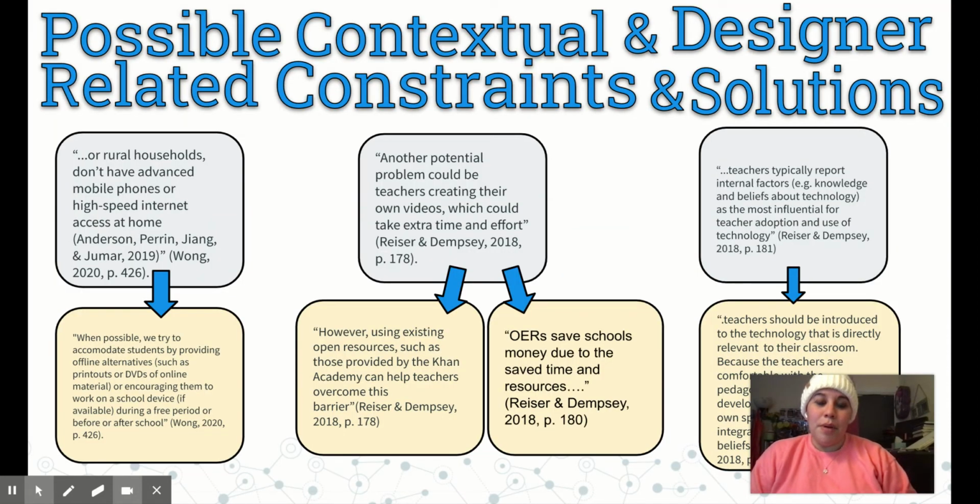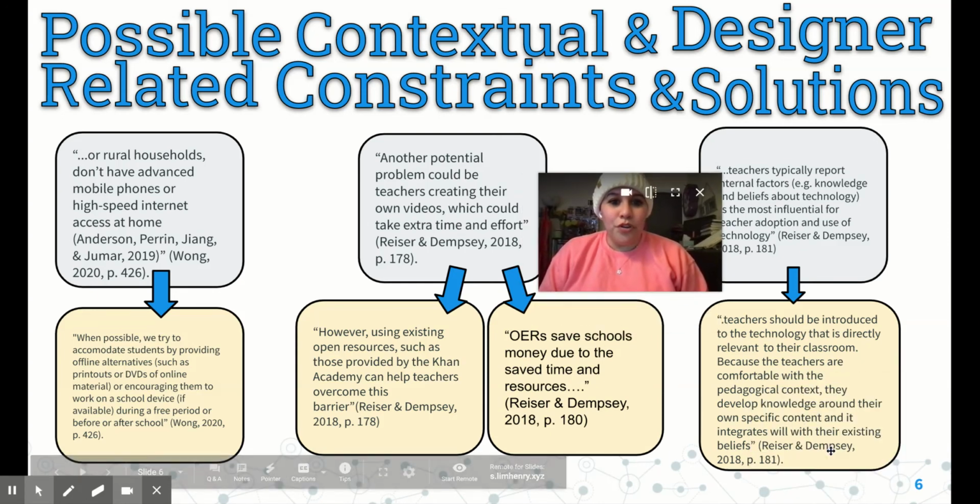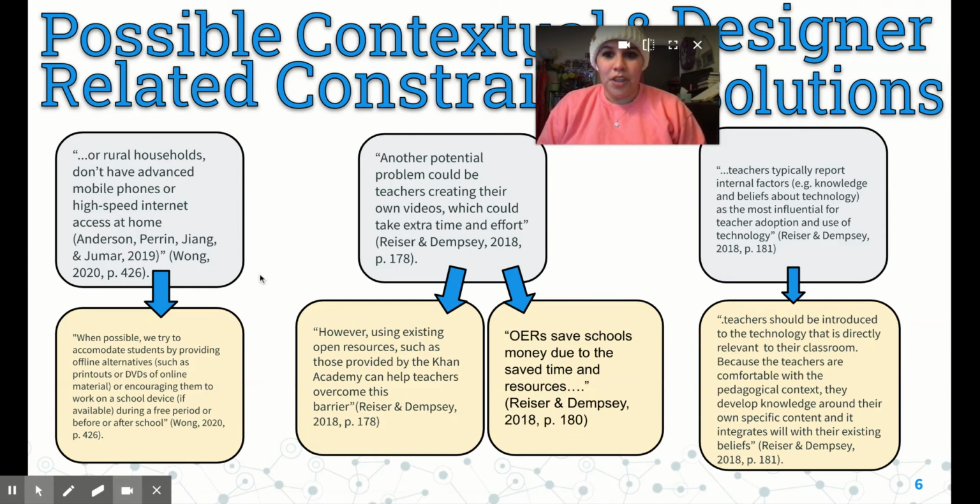Then we need to think about some constraints that we might find as we continue. Now, instead of just talking about the constraints, I do want to point out some solutions. So, first, three constraints that I found are: because we're going to be working in a rural district, and I am aware that we have been very lucky to have obtained internet access from this company that is going to be helping our students, we still might experience outages.